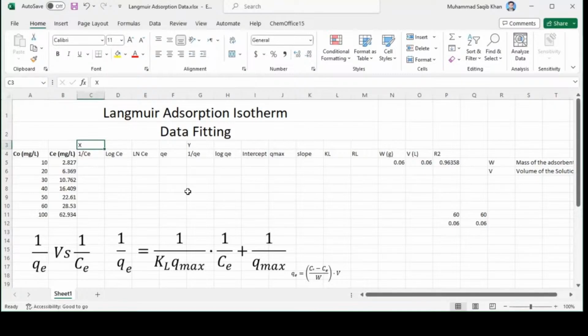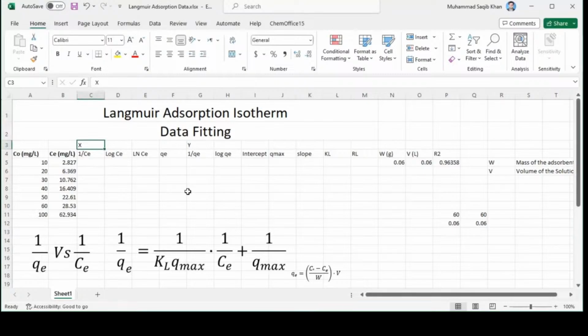Now for calculating the KL value, we have the formula that slope is equal to 1 over KL into Qmax, while our KL will be equal to 1 over slope into Qmax.